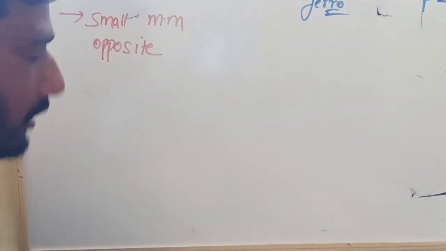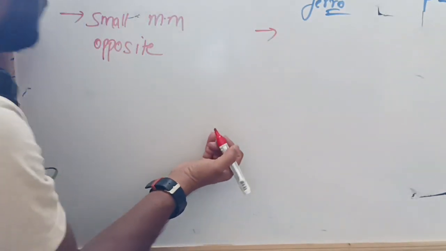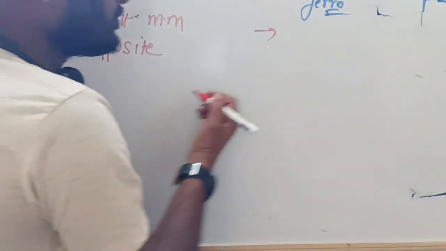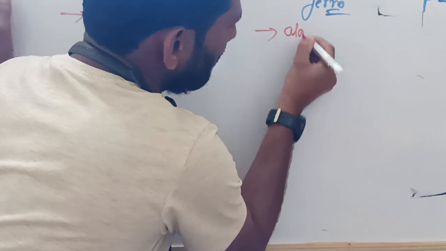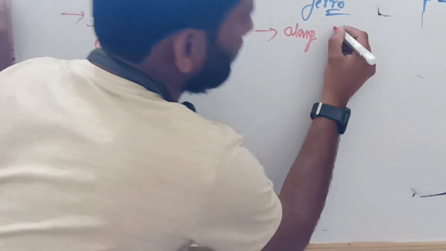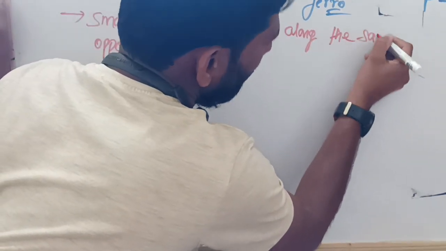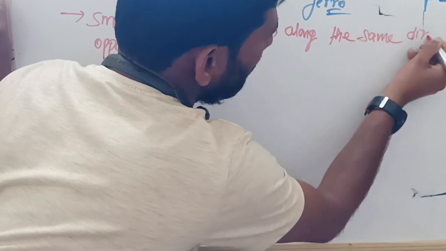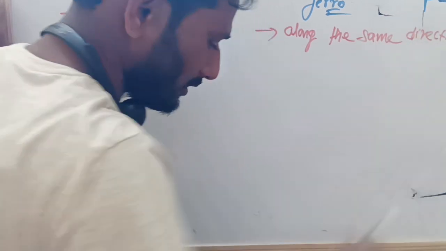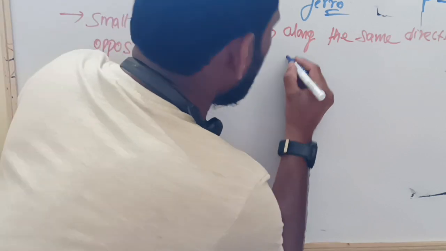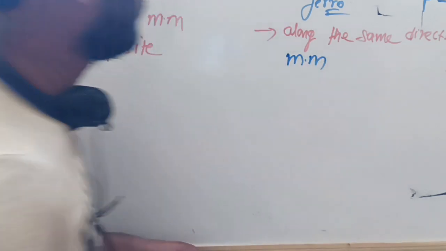they will acquire magnetic moment. So ferromagnetic materials means not in the opposite direction, but along the same direction, the materials acquire magnetic moment.